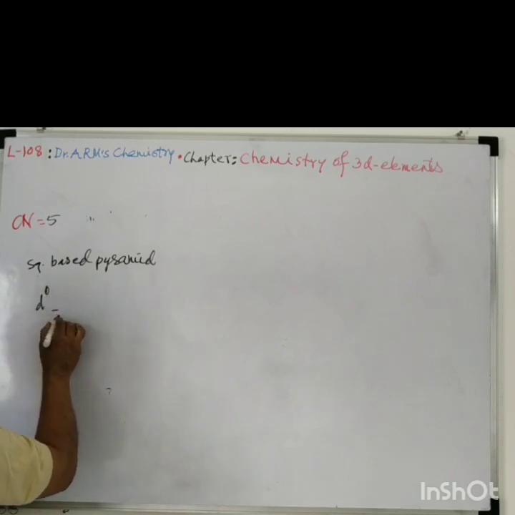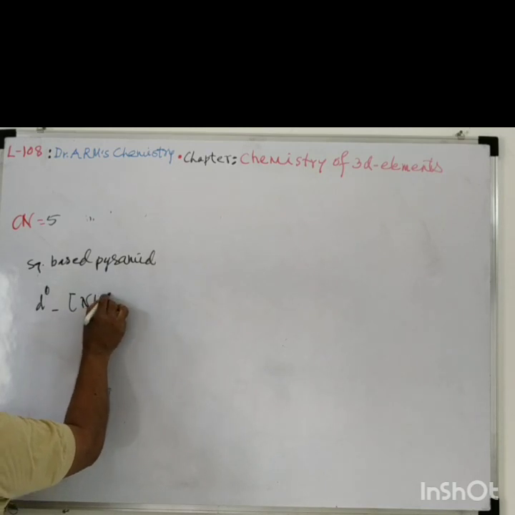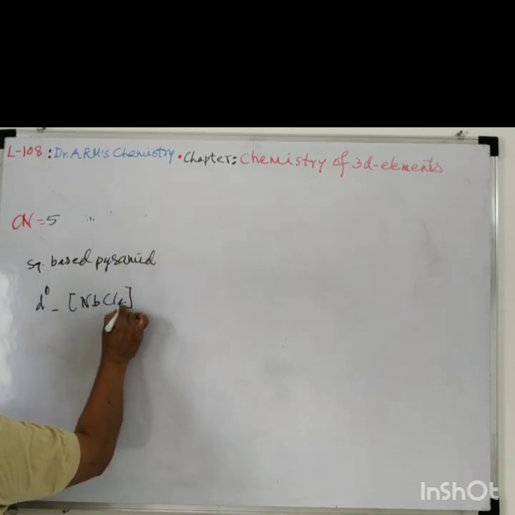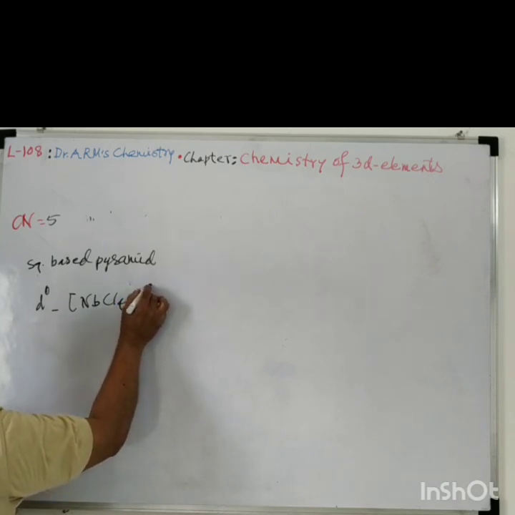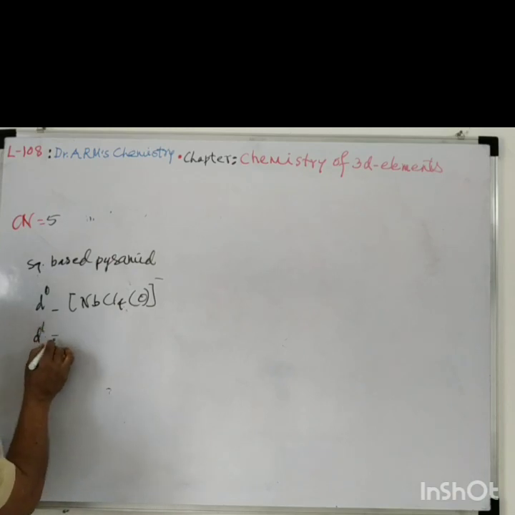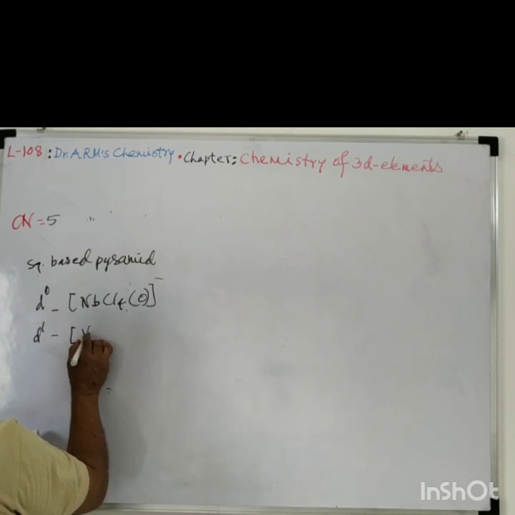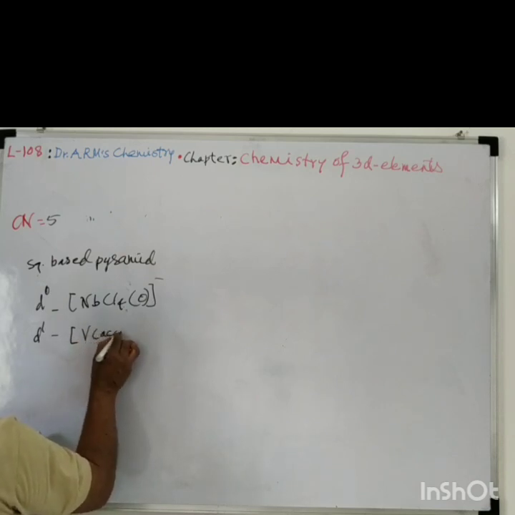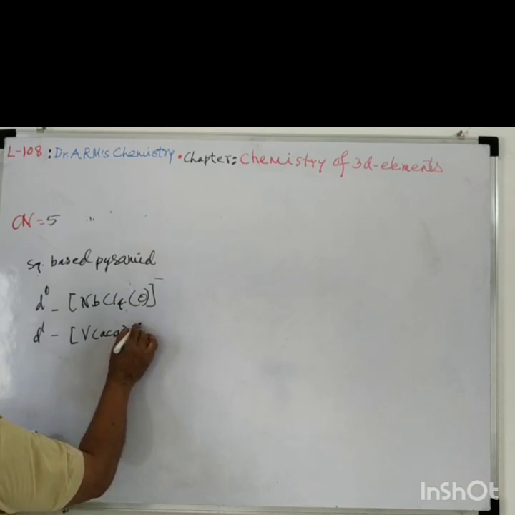With the d0 configuration, it has niobium, NbCl4O minus. Then with the d1 configuration, we are having the vanadium complex V(acac)2 also.